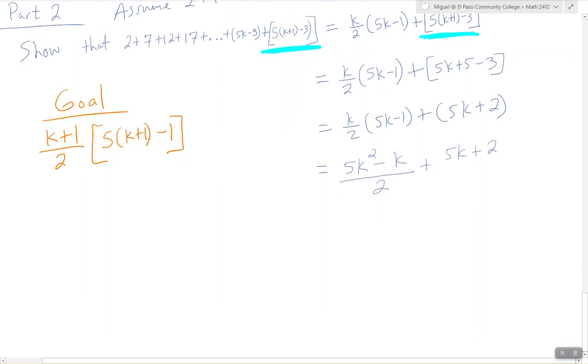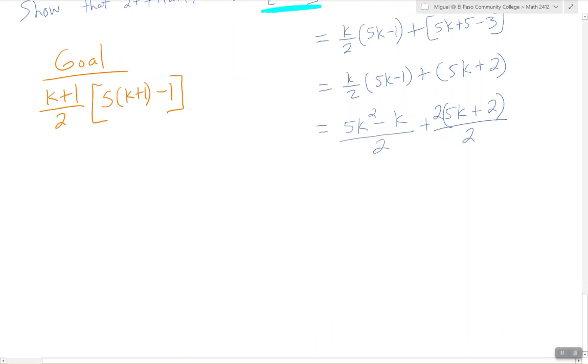Okay. If I add these together, I would need a factor of 2 on the other side, right? So let's say I put a 2, make sure you use parentheses here, and then a 2 on the bottom like that, just so I can add these together, and then we'll keep simplifying. This is 5k squared minus k plus 2 times 5k plus 2.